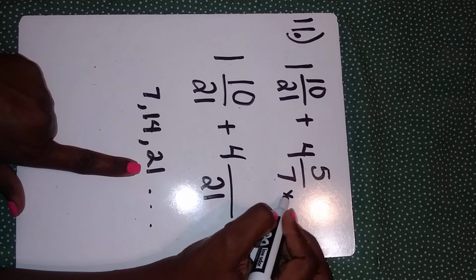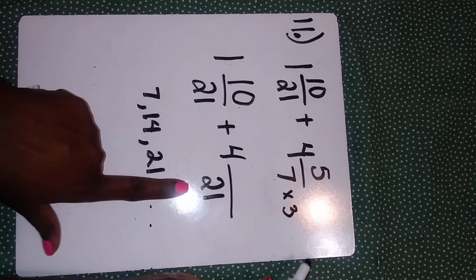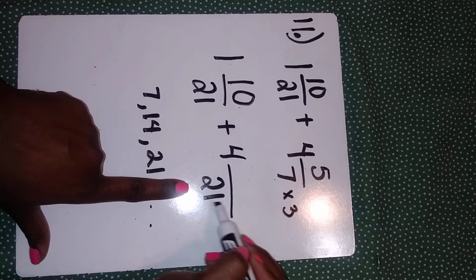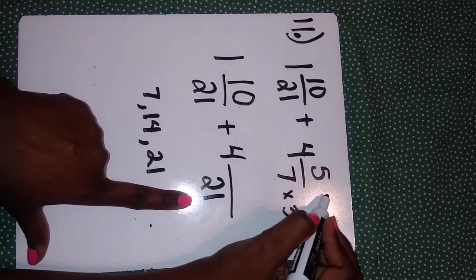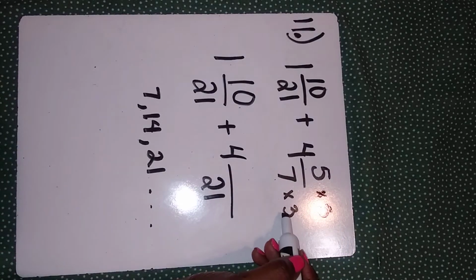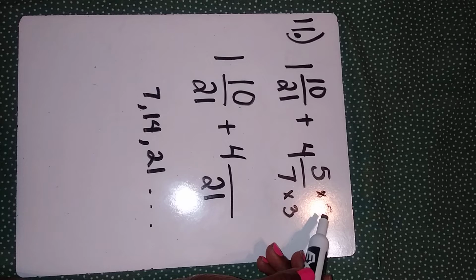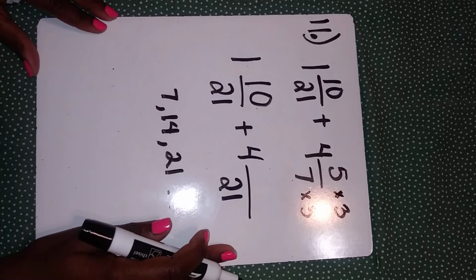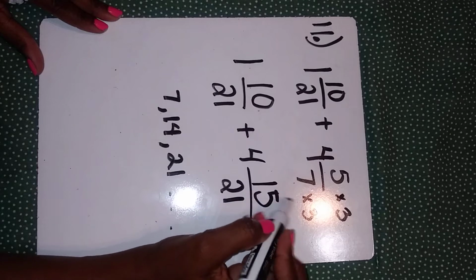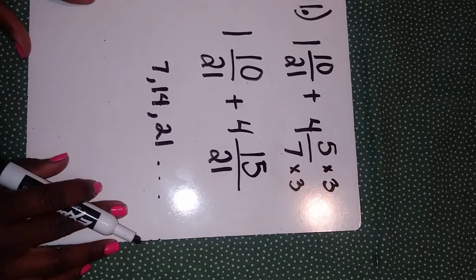So I'm going to multiply this 7 by 3, and that gives me 21. So since I multiplied this denominator by 3 to get 21, I'm going to multiply this numerator also by 3. Whatever you multiply that denominator by, that's the same thing you're going to multiply that numerator by. Okay? So this numerator is 15.